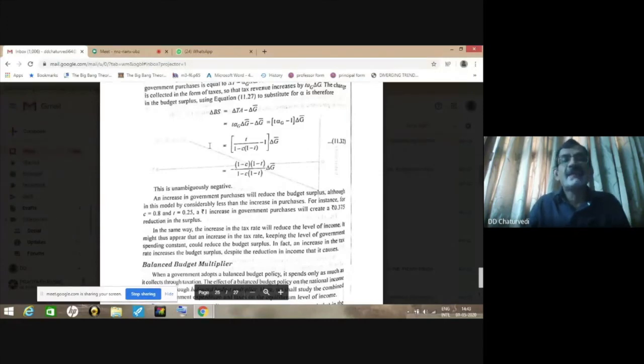So the negative sign in equation 11.32 shows that the change in budget surplus is negative. That indicates whenever there is an increase in government purchases, it is going to reduce the budget surplus. In this model, it is considerably less than the increase in the purchases.